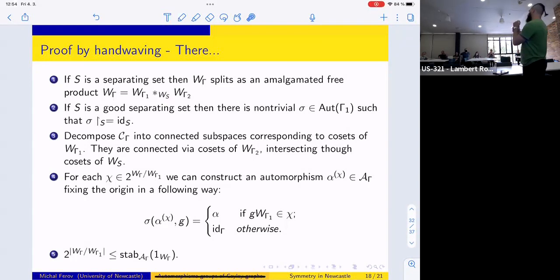Because it could happen that you have some sort of action here, and then as the graph forks out, you can start doing different things here and different things there. So that action at this part of the graph might correspond to a different good separating set. It is one thing that I was thinking would be interesting to look at.